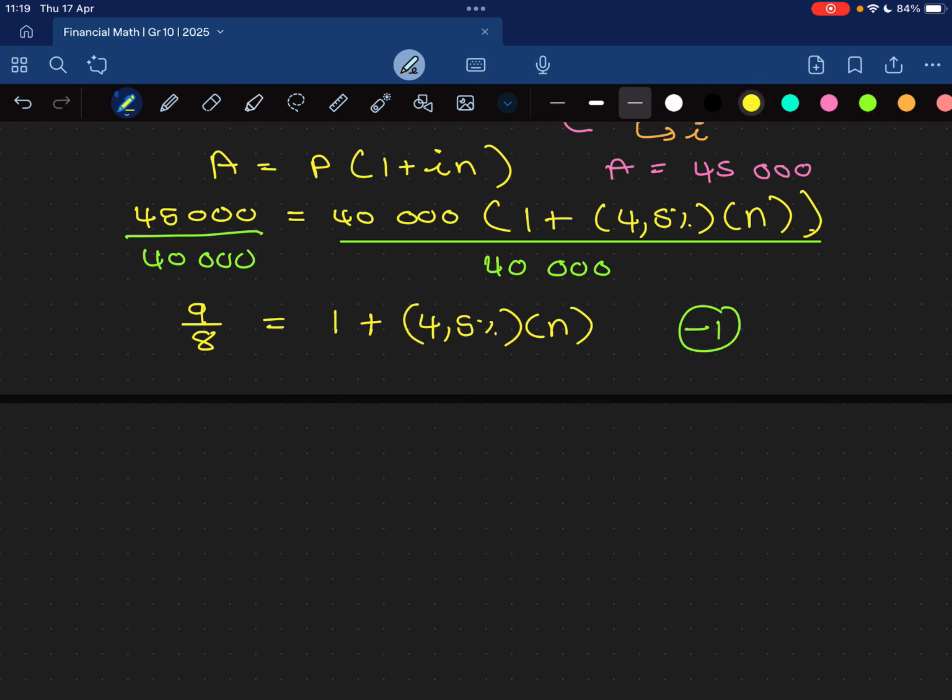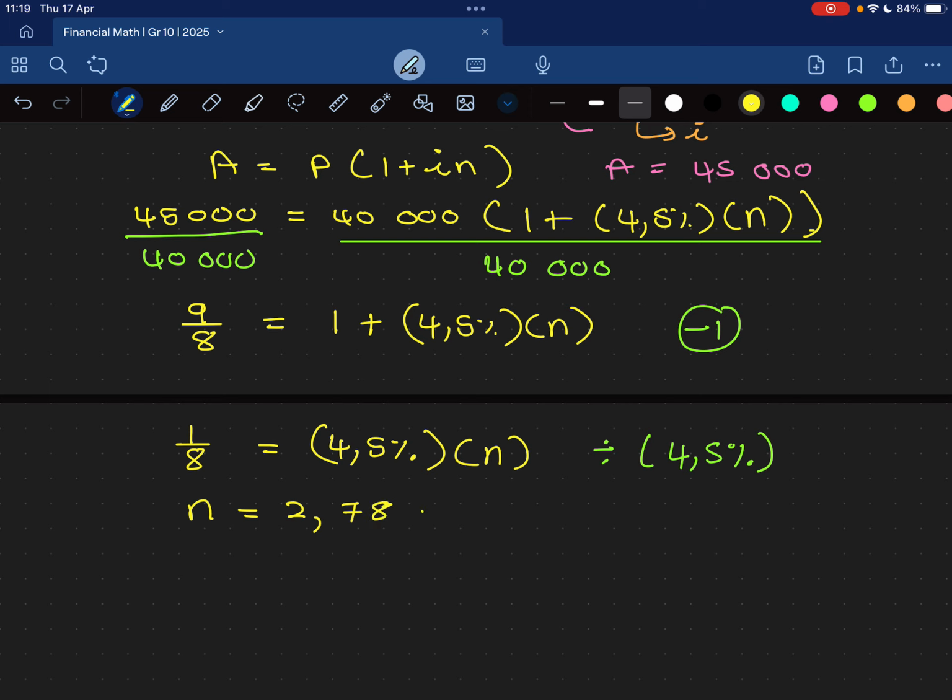So we have 9 over 8 minus 1, which is going to be 1 over 8, which is equal to 4.5% multiplied by N. Then you're going to divide both sides by 4.5%, and you will get the N value to be equal to 2.78 years.